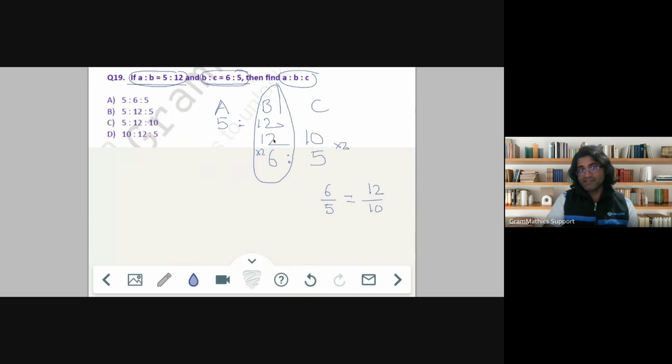Now see, 12 is common. So for every 12 parts of B, we have 5 parts of A. Every 12 parts of B, we have 10 parts of C. So we can join this. And our ratio of A is to B is to C will be 5:12:10.